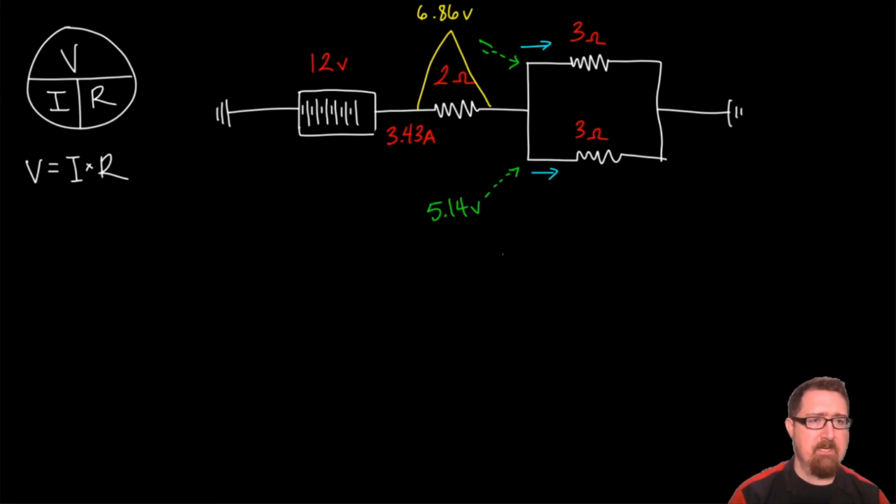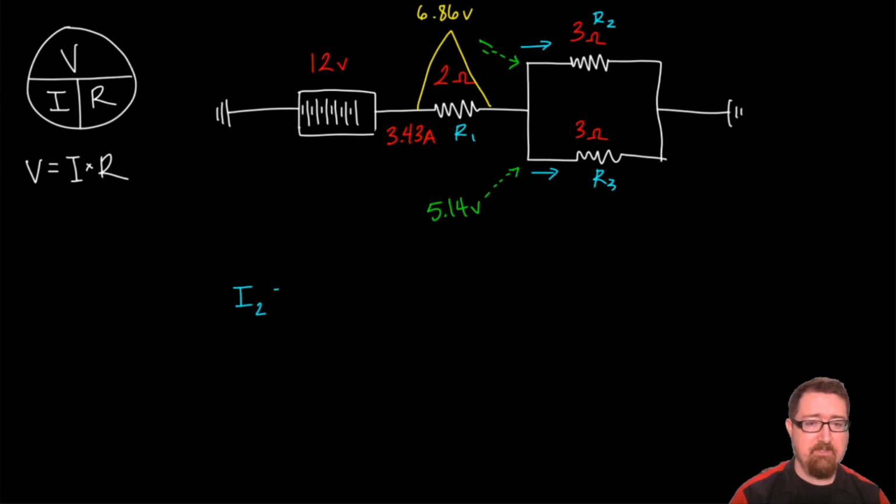And again, we would just then switch over to our parallel system. So in this case we're in branch 2, right? We're going to say this is R2 and this is R3, because this one was R1.